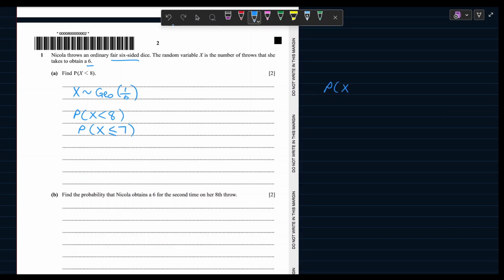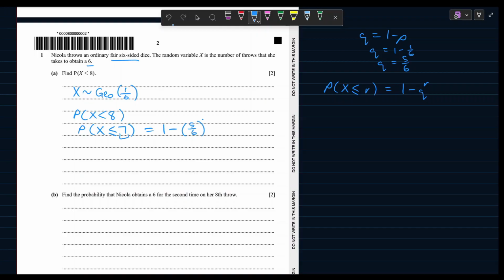The probability that x is less than or equal to r is equal to 1 minus q to the power r. Here q is 1 minus p, which is 1 minus 1 over 6, so q is 5 over 6. So that's 1 minus 5 over 6 to the power r.